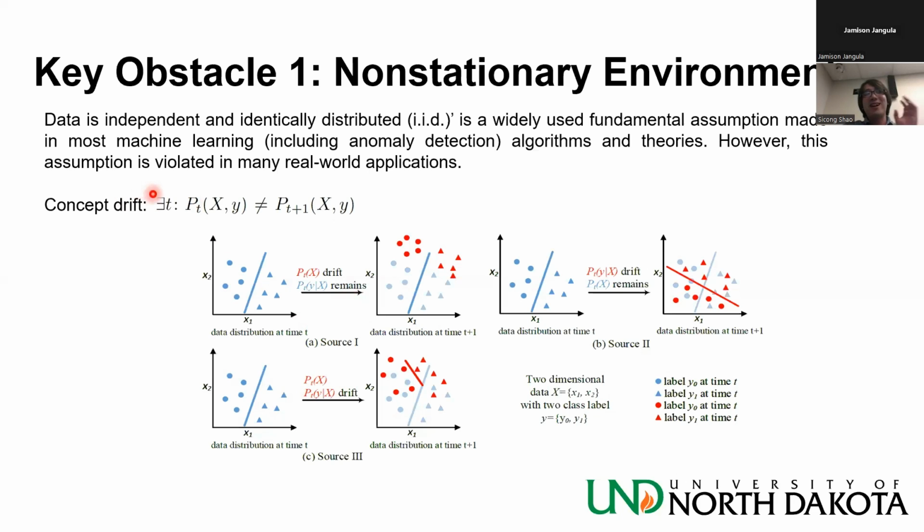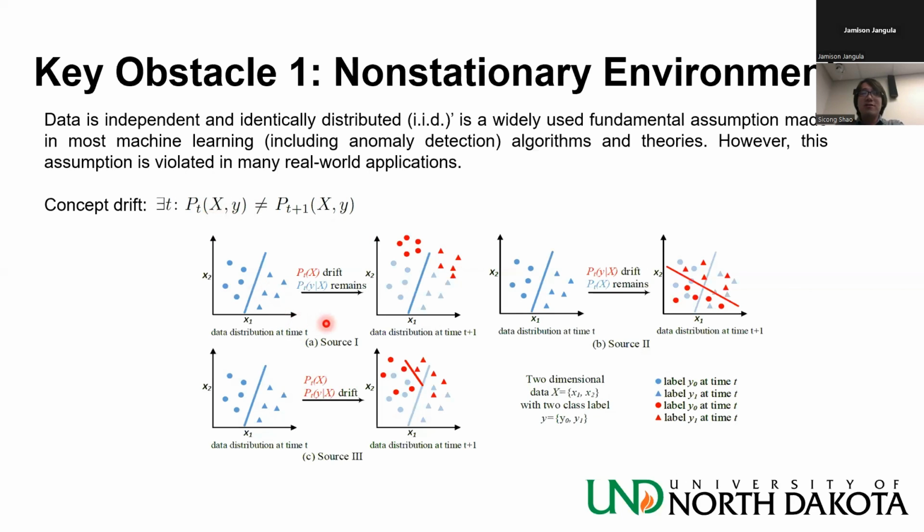By the way, first let me give you a definition of what concept drift is. Basically, it means your joint probability of x and y is not equal over time, it changes over time. This is the joint probability of your feature space x and your label y.